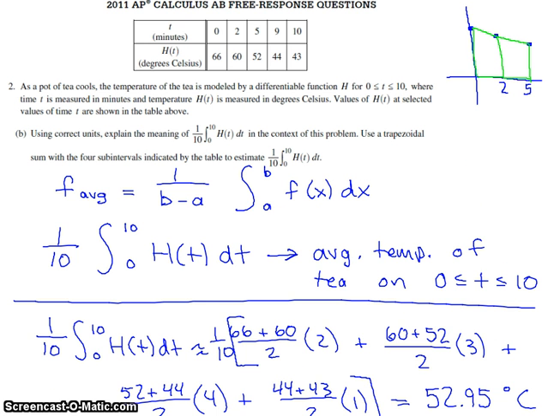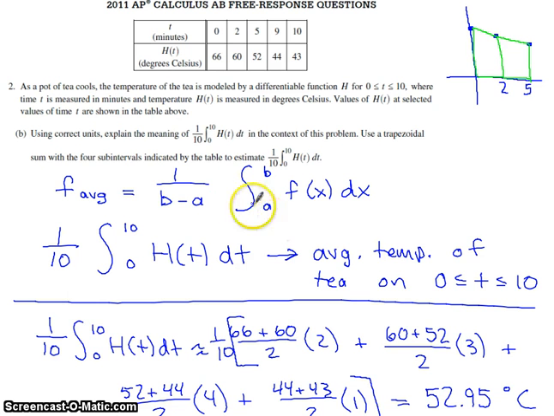In part B, we are given this integral, and we're asked to try and explain what it means. Well, what you'd have to recognize is that the formula for average value of a function on the interval from a to b is going to be given by this expression. And what they've done is they've basically replaced the function within this with h of t, and the a and the b with 0 and 10.